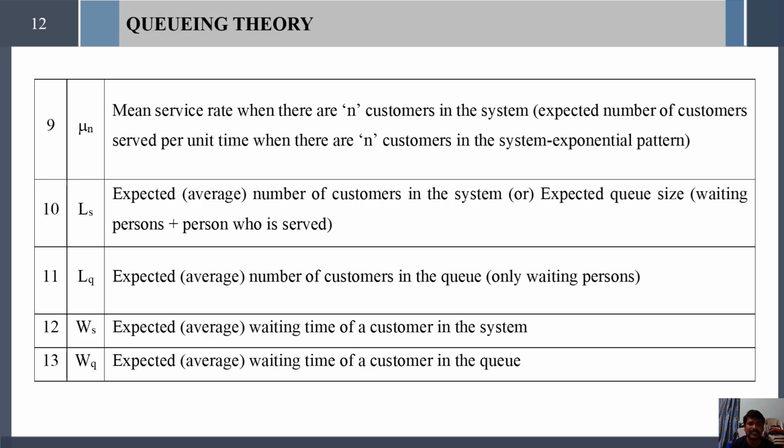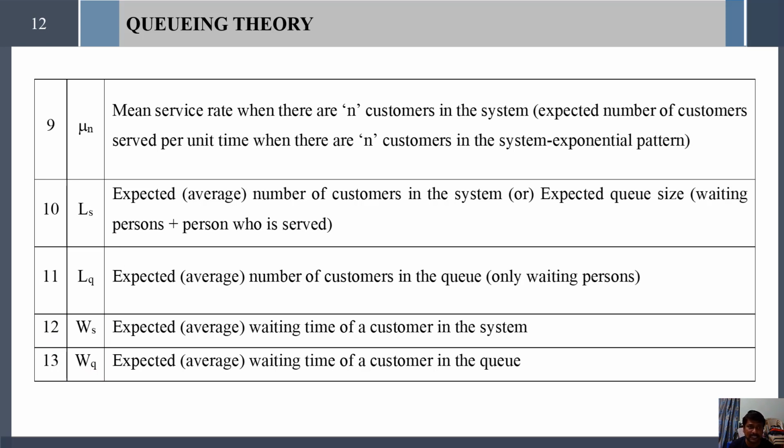And these are all important notations. You should note that Ls, Lq, Ws, Wq are all important notations. Ls is the expected or average number of customers in the system.